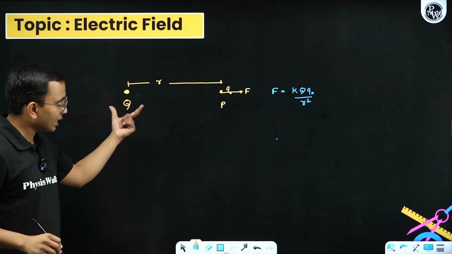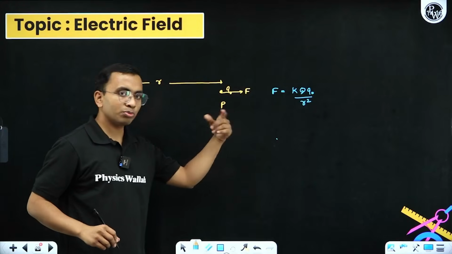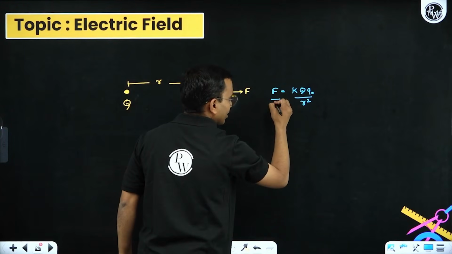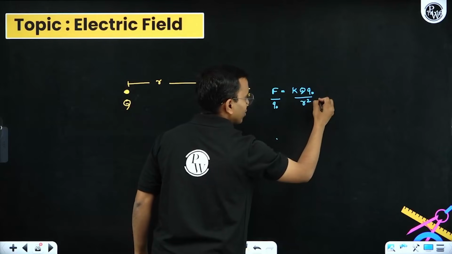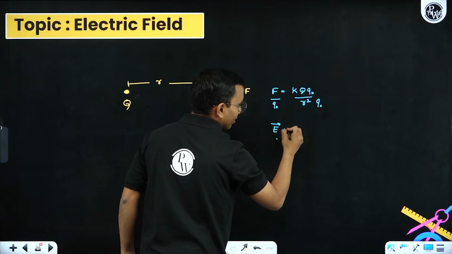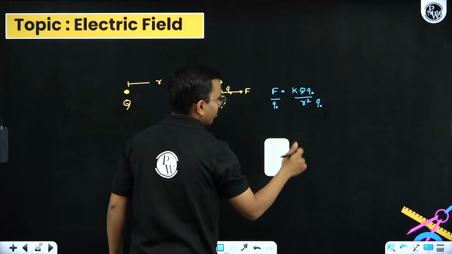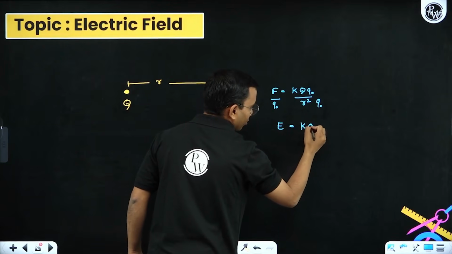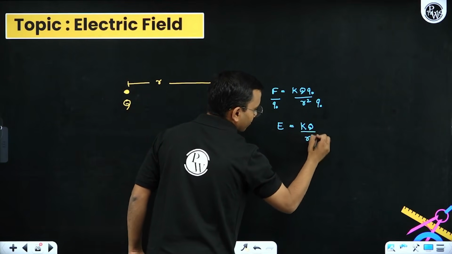This field is defined as force per unit test charge. So divide this by the test charge Q naught. You will get the electric field, just the magnitude here I am writing, as K Q by R square.